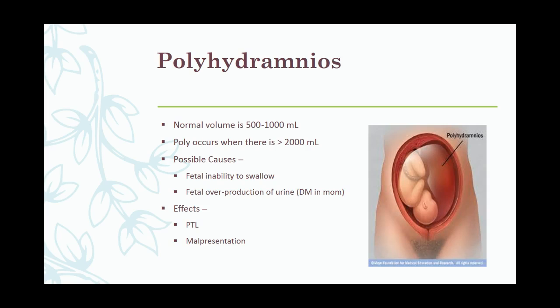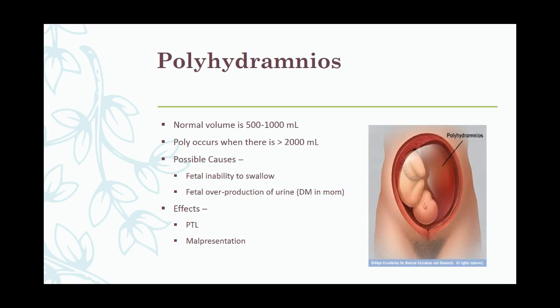So the baby might have an overproduction of urine, and remember we said that that's one way that we continually make amniotic fluid. If the baby has the inability to swallow, remember we also said that the baby drinks amniotic fluid and kind of recycles that. So there's two possible causes of what might happen in someone who has polyhydramnios.